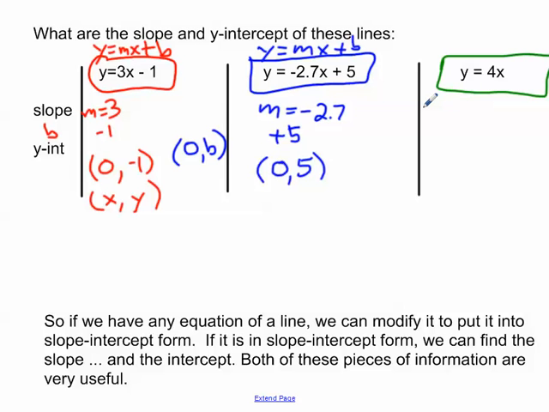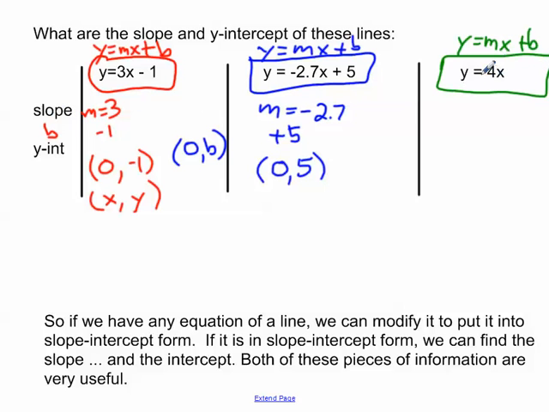How about this one over here? Take a little time and look at this one here for a second. Does it fit into our y equals mx plus b format? Well, the most important part of it is, is there a y all by itself with a 1 in front of it on the left side? Sure enough, so it does really fit into y equals mx plus b. So let's do the easy one.